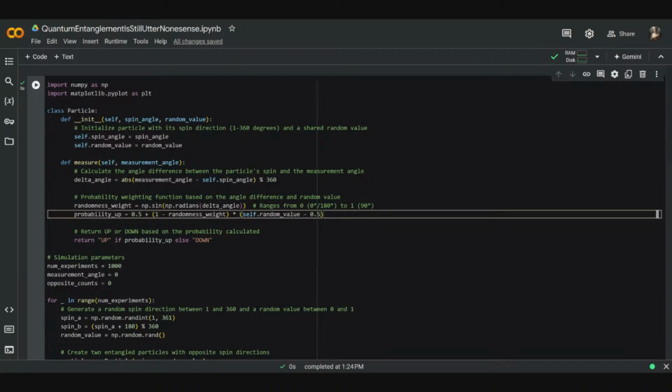Probability up is half. This doesn't make any sense. So we're always starting from half. So of course that's wrong. You don't start from half.